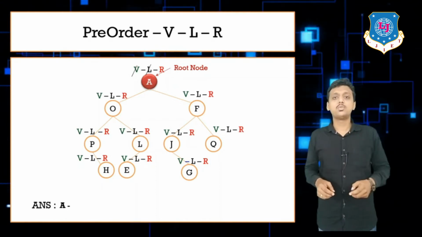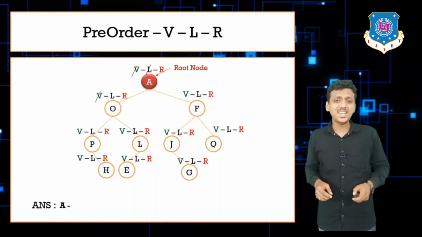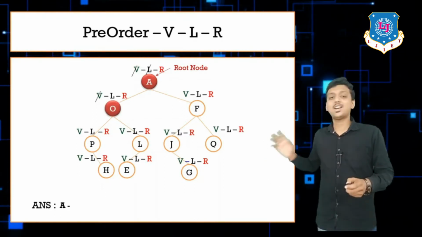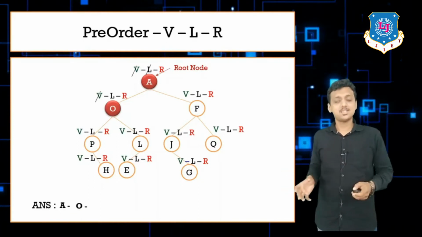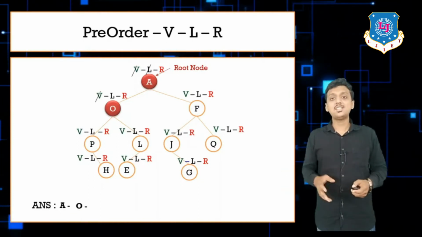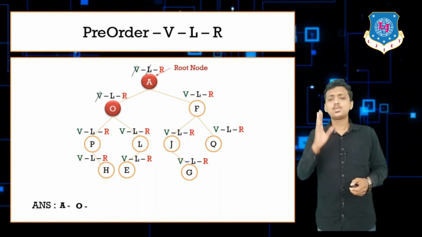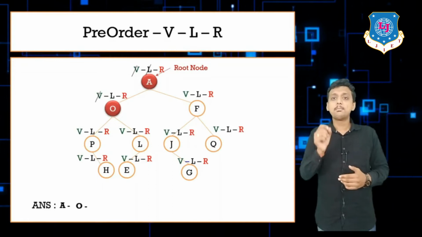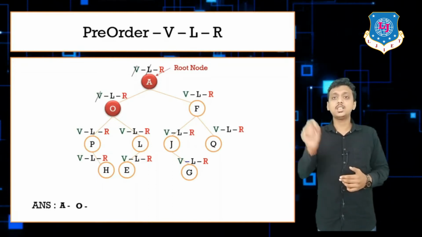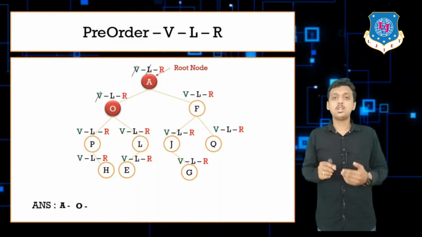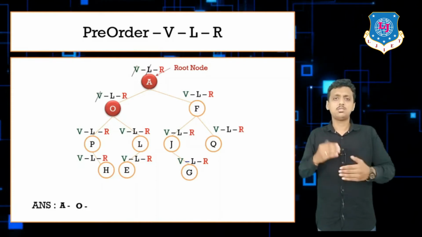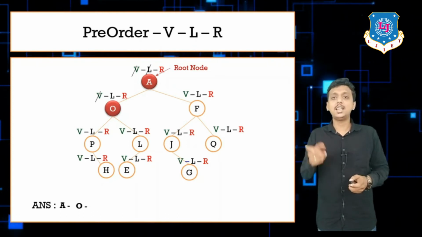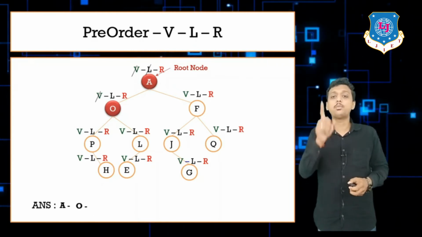So cut the V, visit O and write down O in our answer bucket. Now the next is L, so we need to go on the left side of O. Before moving, make sure you cut L, because after some time, if you don't cut L, you might forget to perform that operation.